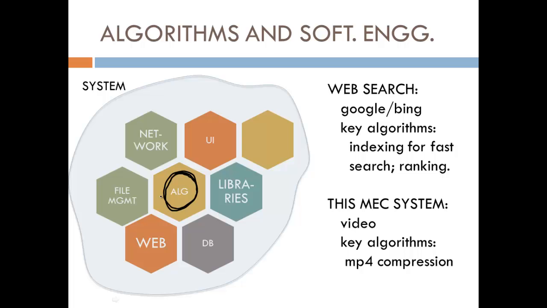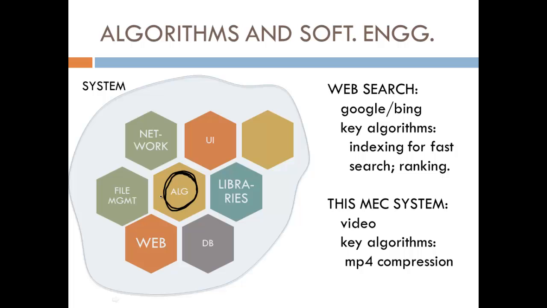Take another example, this video that you're looking at. Around it there is a lot of user interface. There are buttons you can click, and there's a cloud platform where it's hosted and so on.